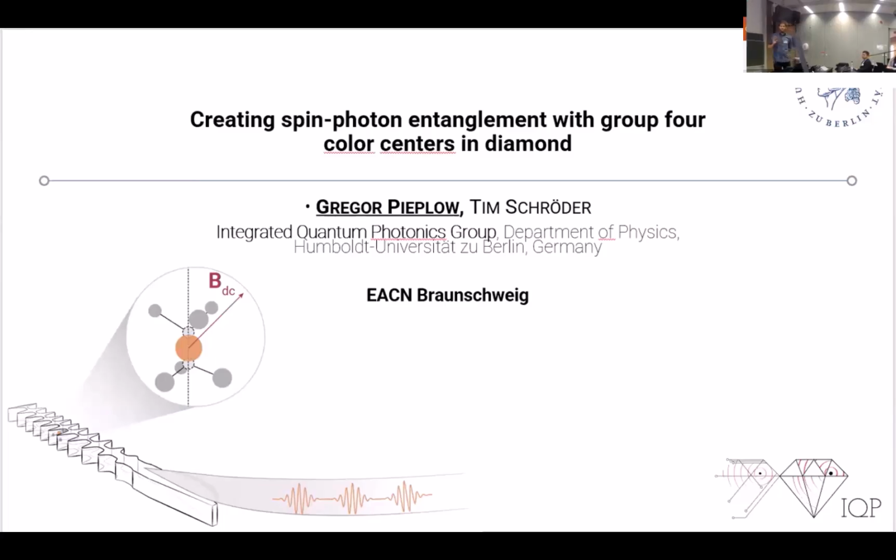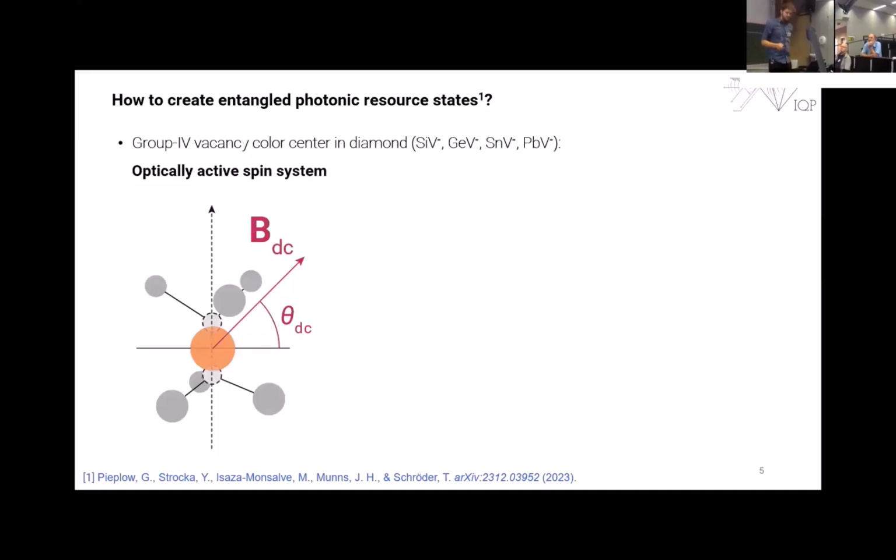So there are a lot of interesting directions and applications that such spin-photon entanglement sources can be used for.